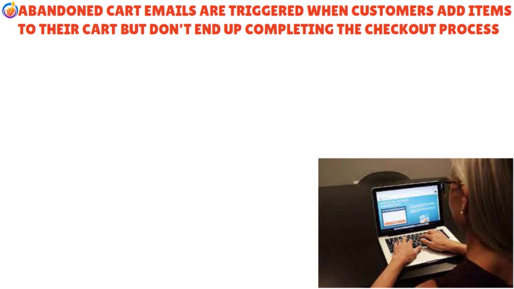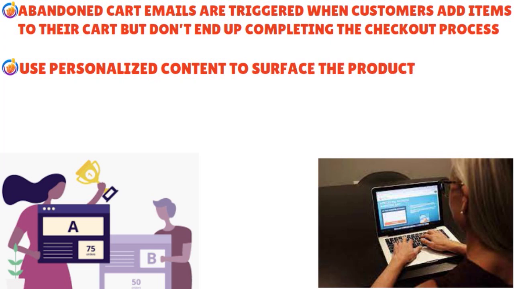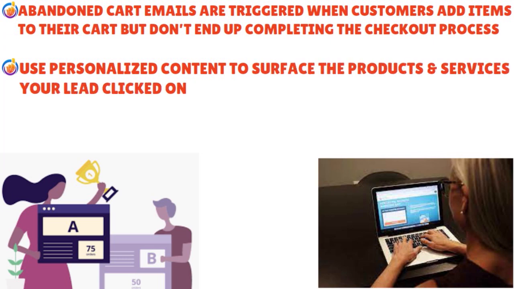They optimize email timing so that the customer is still excited to buy, usually within a few hours. So you want to use your A/B tests to figure out the timing that gets you the most conversions. You want to use personalized content to surface the products and services your lead clicked on in the first place.